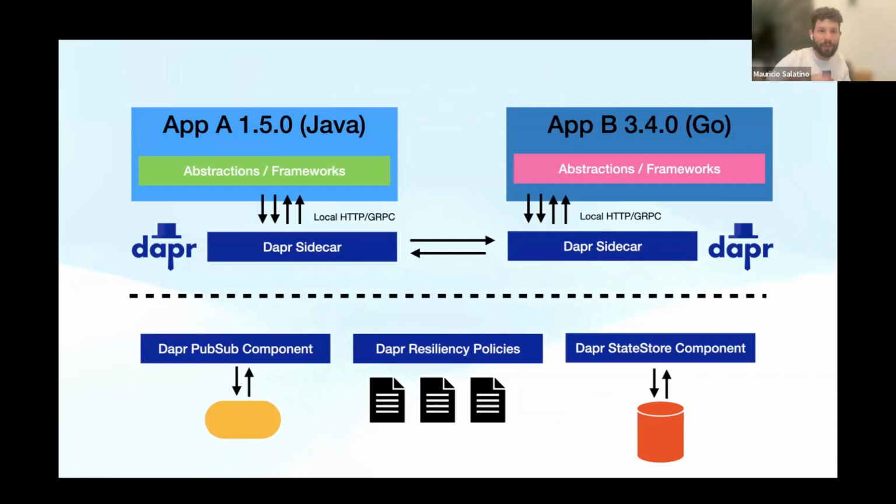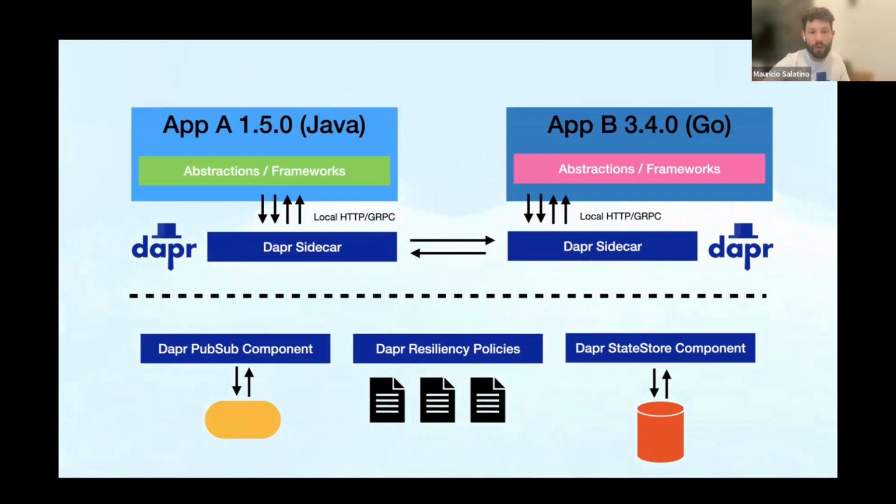So how does Dapr work? If you install Dapr inside Kubernetes, whenever you deploy an application and you tell Kubernetes that the application is Dapr enabled, Dapr, with the components installed in the cluster, is going to automatically inject a sidecar right beside your application. That container exposes a set of HTTP and gRPC local endpoints that your applications can use.